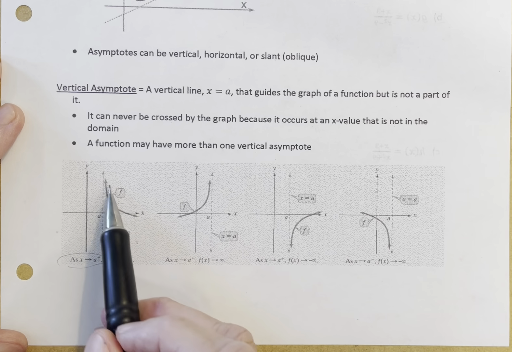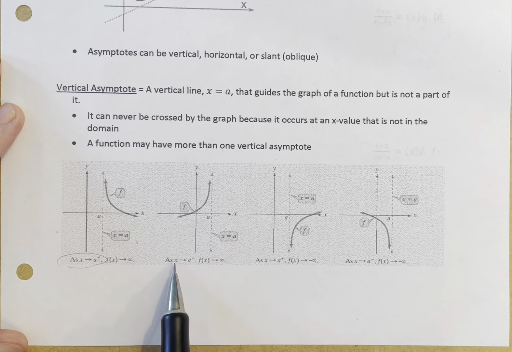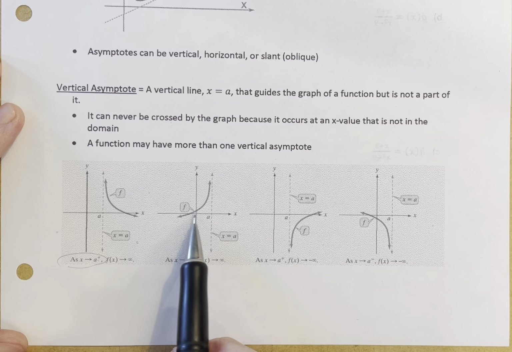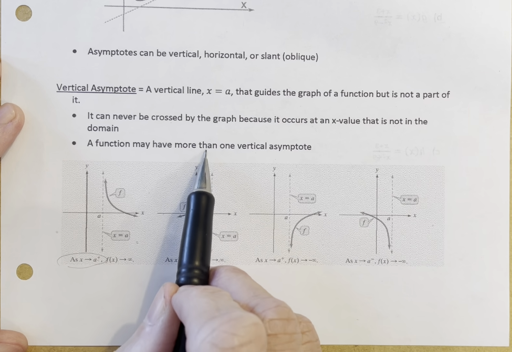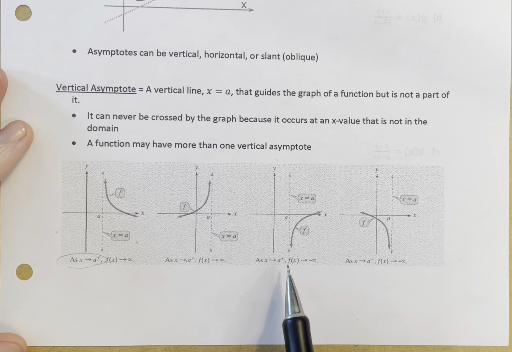The vertical asymptote is pushing it up to infinity. In this example, as x approaches a from the negative side, you can see that the vertical asymptote is pushing the function up to positive infinity. So the vertical asymptote is going to push it to positive infinity or negative infinity.